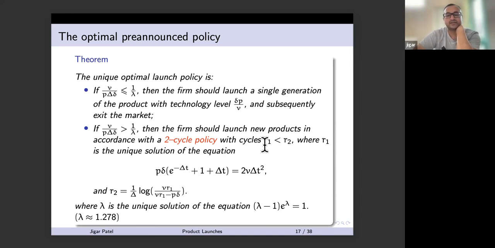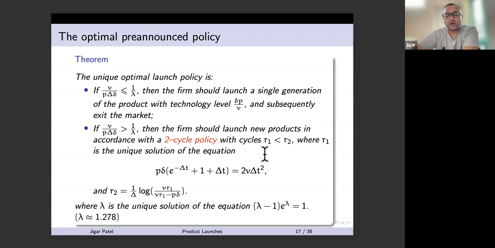And at that time, they say, you know what, we are not going to launch a product for a while. And the second innovation is a bigger innovation. So think of it as the first product being iPhone 3S, then iPhone 4, which is a bigger innovation, then 4S, which is a smaller innovation, then 5, which is a bigger innovation, and so on and so forth. So a smaller innovation followed by a bigger innovation. That's the launch policy that will maximize the firm's utility.